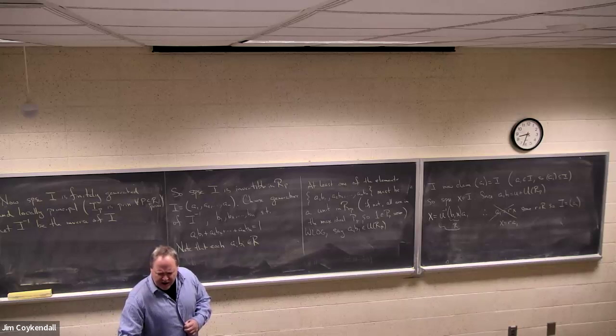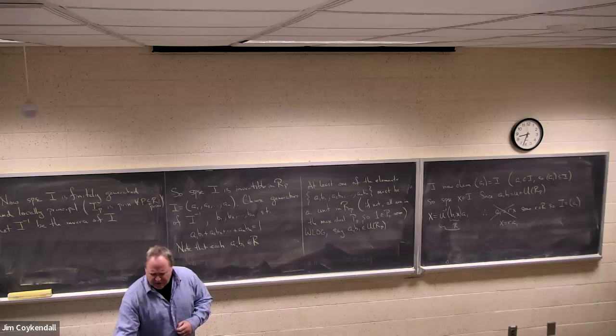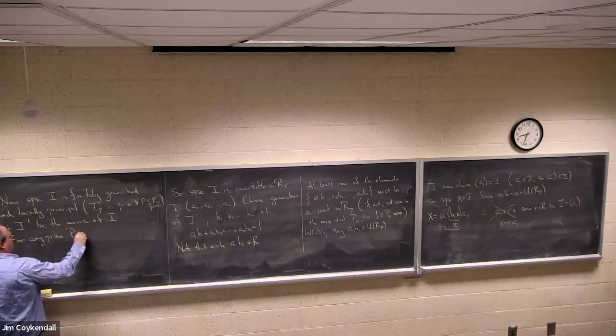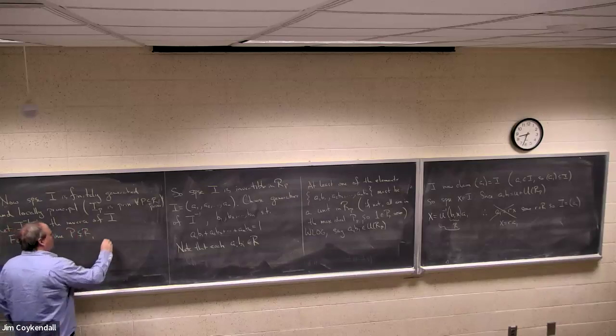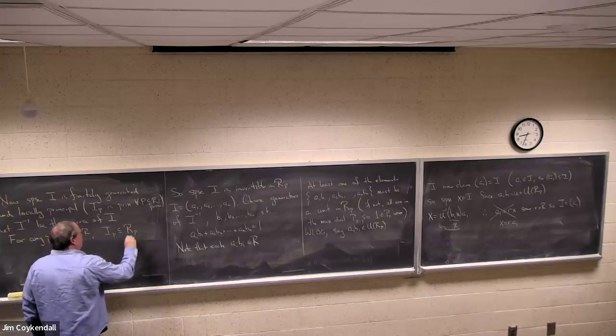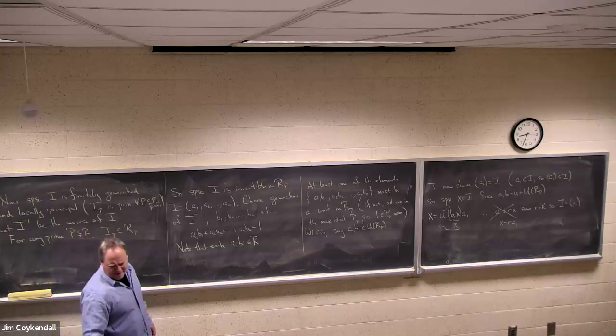We want to show that I inverse is actually the inverse of I. So for any prime ideal P in R, we have that I localized at P is a principal ideal.